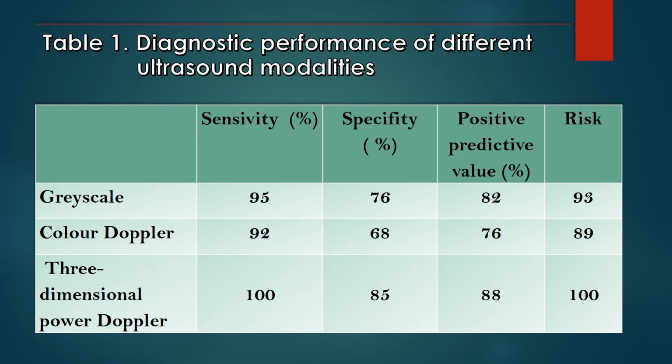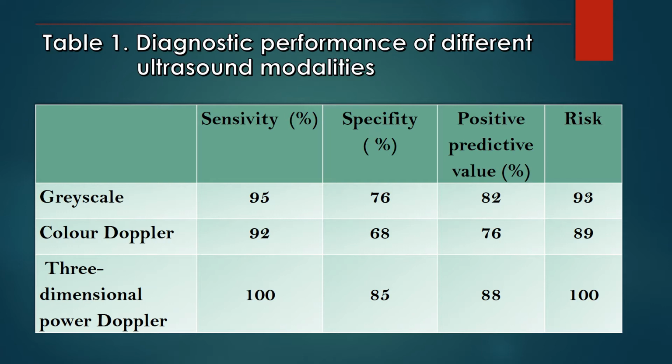Table number 1. Diagnostic performance of different ultrasound modalities. Grayscale: sensitivity 95%, specificity 76%, positive predictive value 82%, and risk 93.